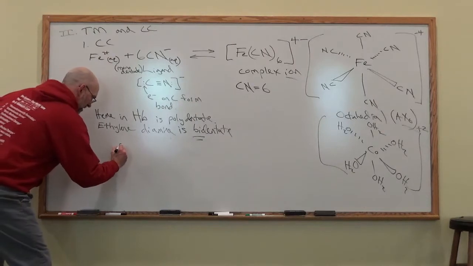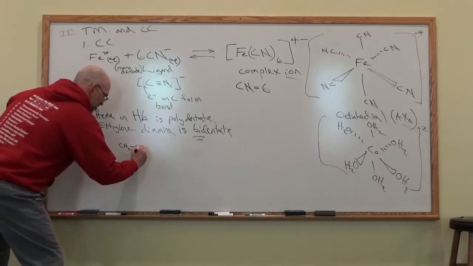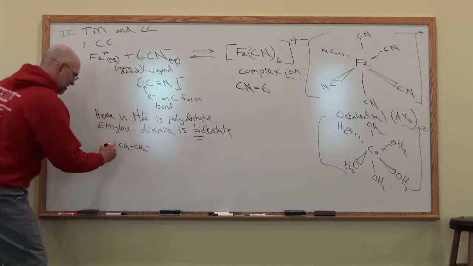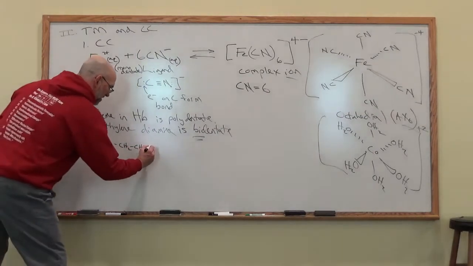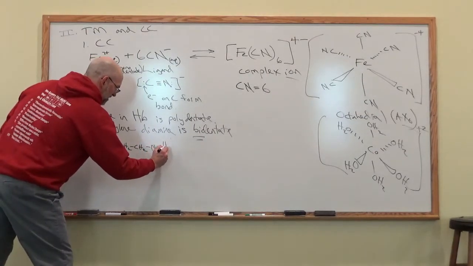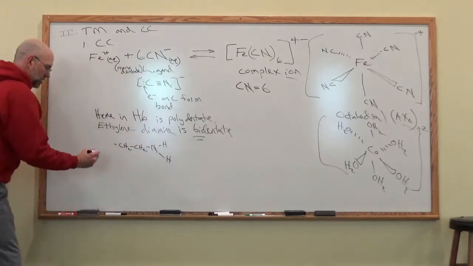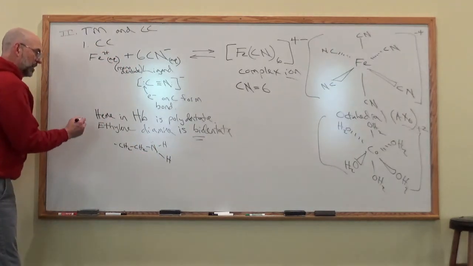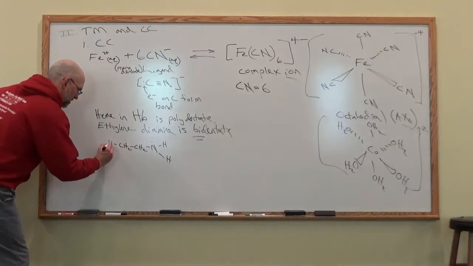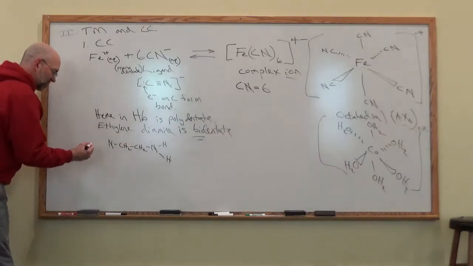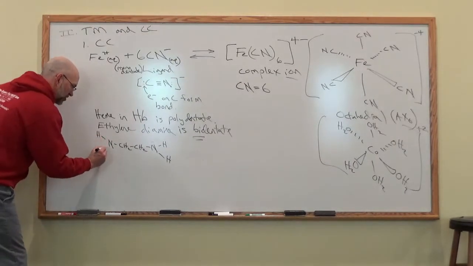It's CH2, CH2. I'm not going to show those bonds because it gets in the way. And on both sides, in this sort of dot structure, are what are called amine groups. Nitrogen is called an amine group, or NH2.